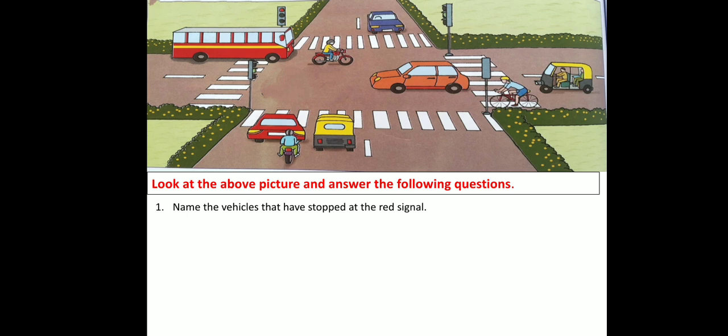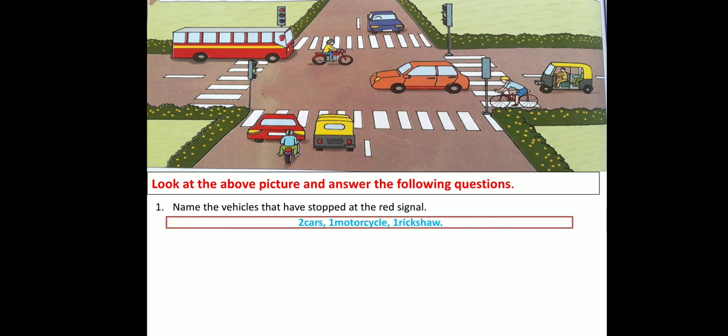At the same time, the other side shows a green light, so some are moving. But here you're going to answer the question. You're going to name the vehicles that have stopped at the red signal. So which are they? They are 2 cars, that's the red and the blue car, 1 motorcycle and 1 rickshaw, that is next to the red car. These 4 vehicles have stopped at the red signal.